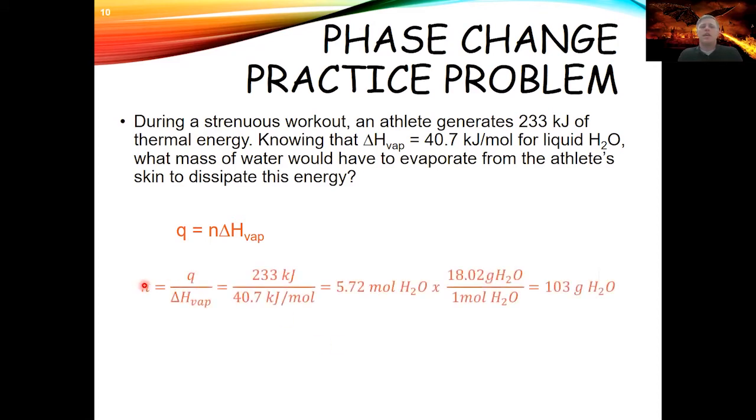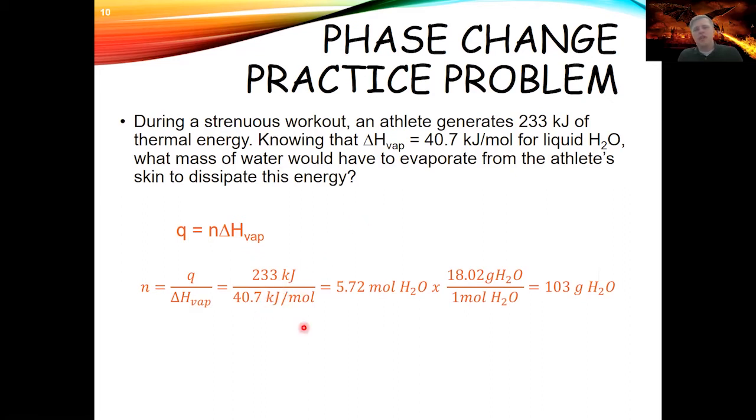So that would just be n equals Q over delta H. Then we can throw in our Q value, which is 233 kilojoules, and our delta H value, which is 40.7 kilojoules per mole. And here I'll make a point that often heat capacities, the value denoted by a C, are listed in joules or calories, but our delta H's are generally listed in kilojoules.